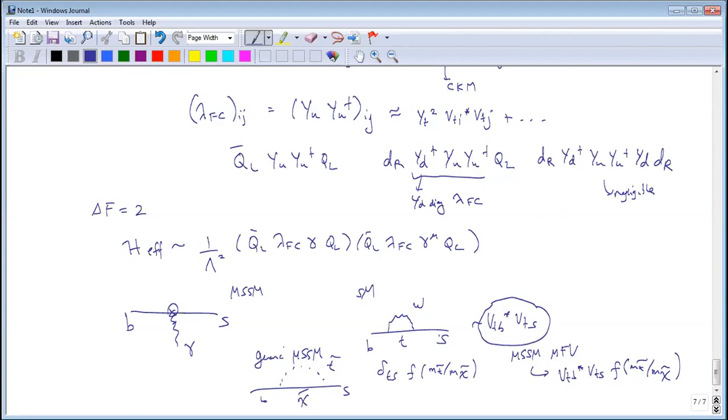It's just the first time the top comes in. There are also heavy objects in here. So the top is a large Yukawa coupling, but it's not 4 pi strength. It's more like 1.